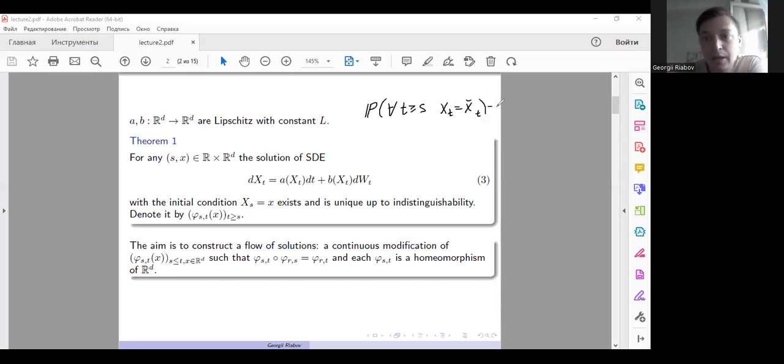And we denote the solution that corresponds to initial data s, x by phi_st(x). So for each s and x, phi is a continuous process in t.